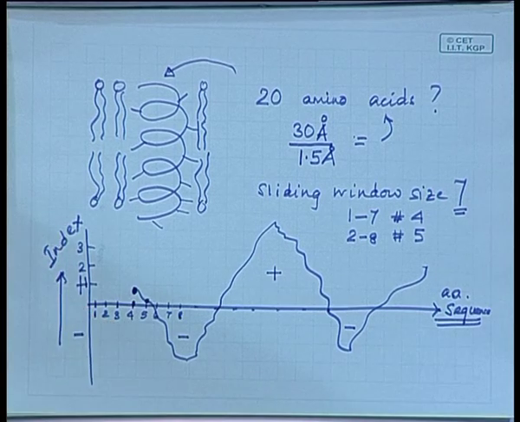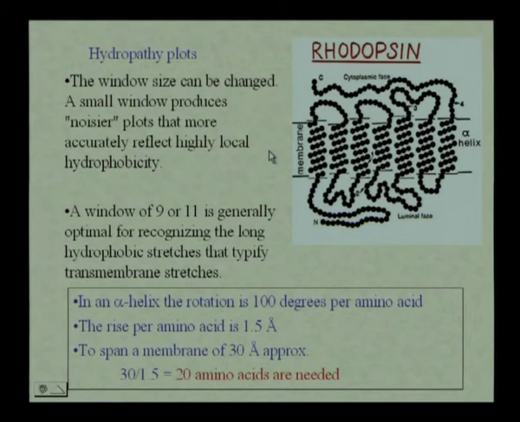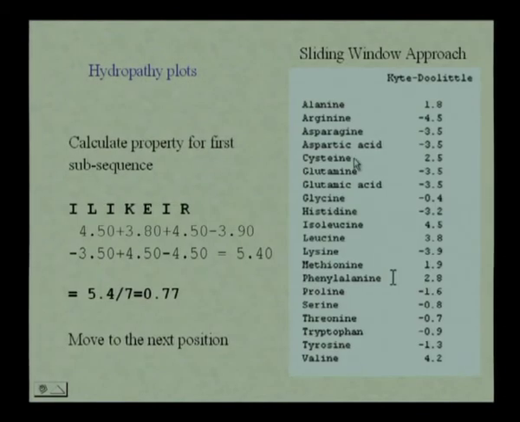Now, if we go back to the data in our slides here, what can I say about the positive regions? They are hydrophobic in nature. So, now you understand, when you take the average, a hydrophilic residue counteracts the effect of a hydrophobic residue, right?